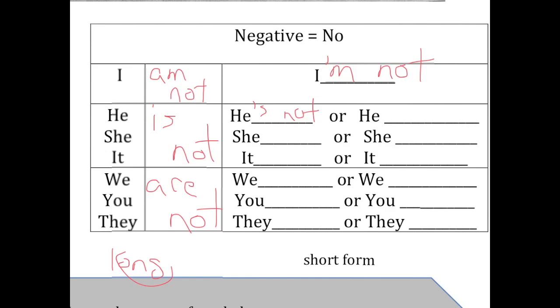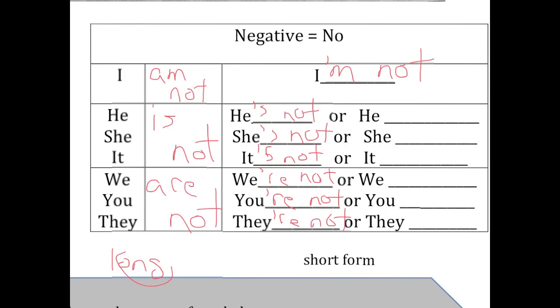She is not becomes she's not. And it is not becomes it's not. For we, you, and they are not becomes we're not. You're not. And they're not.